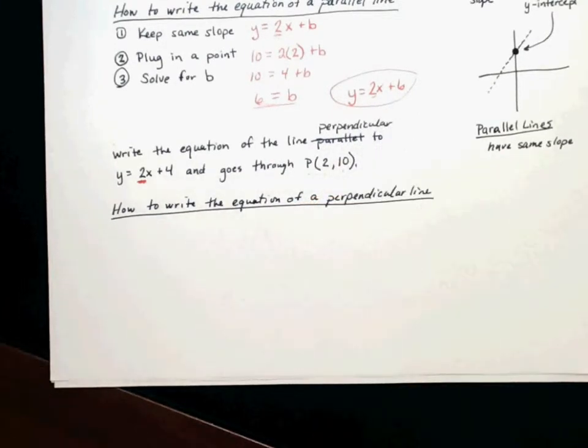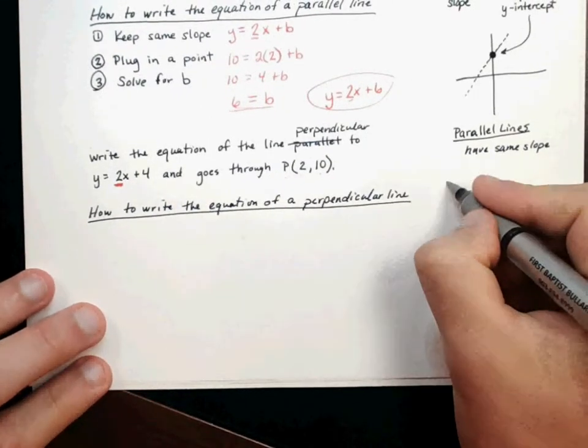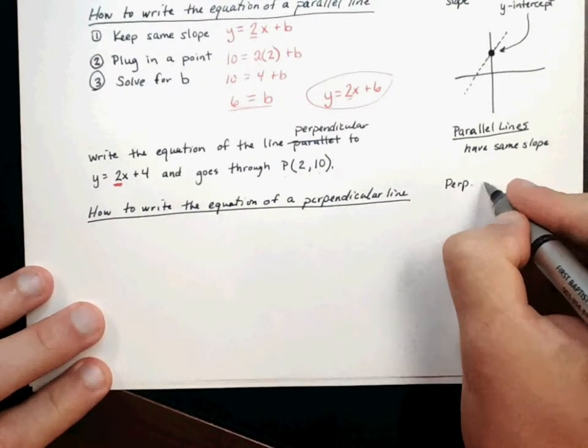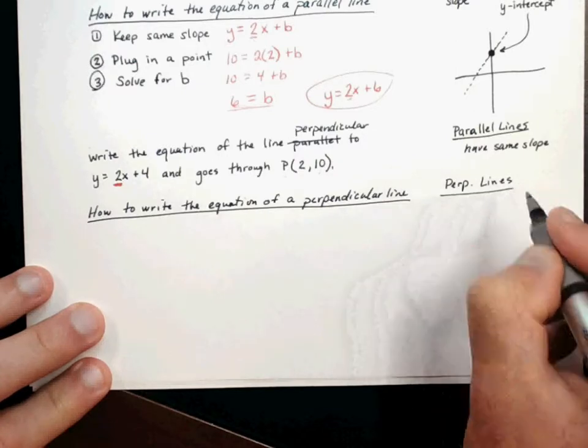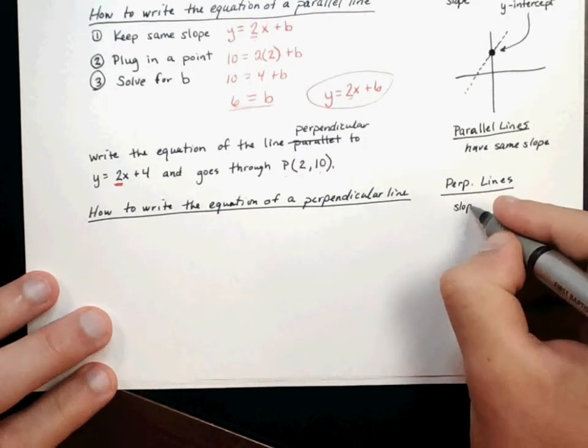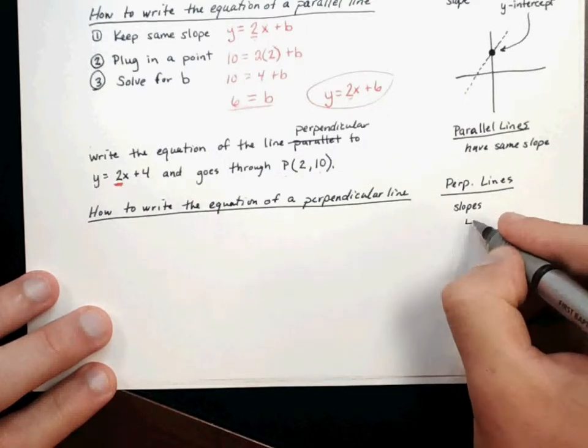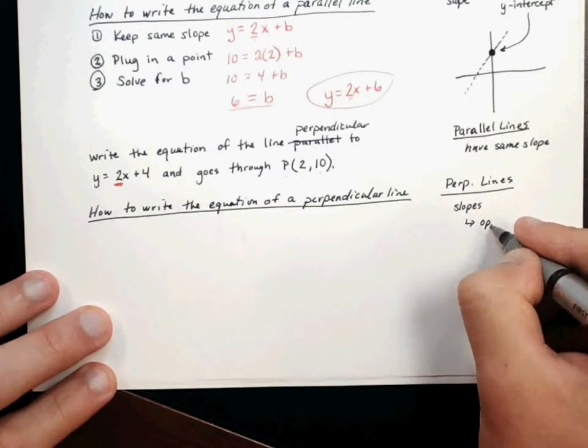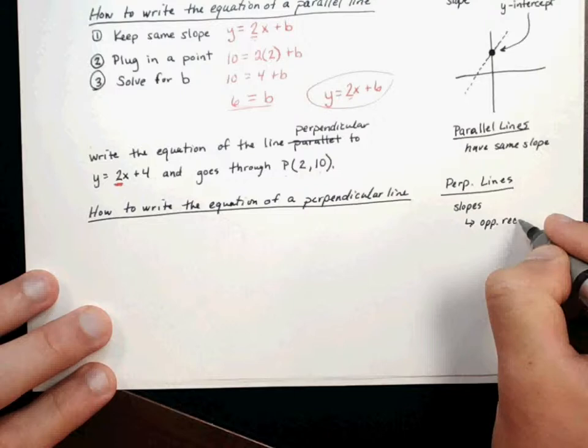Alright? And again, last section we talked about perpendicular lines for their slopes. We take the opposite reciprocal.